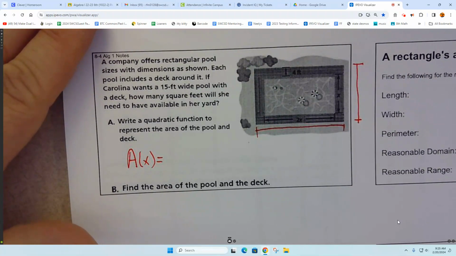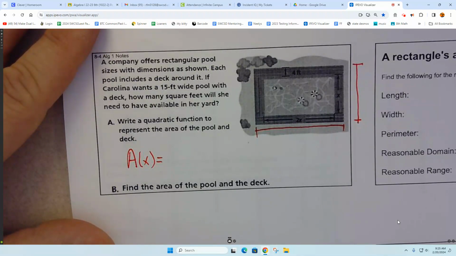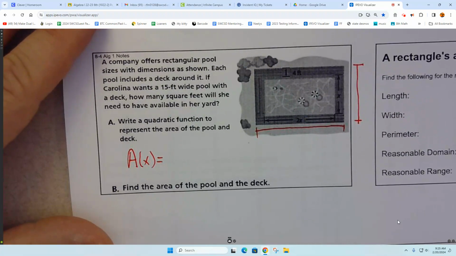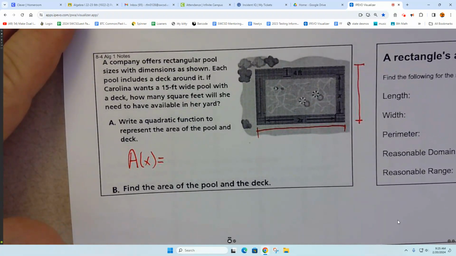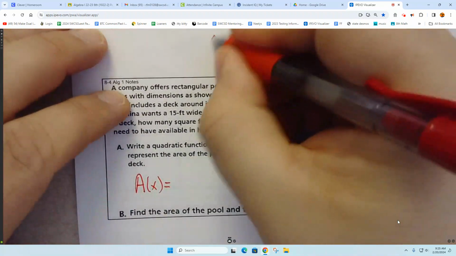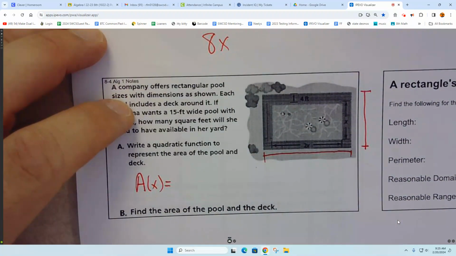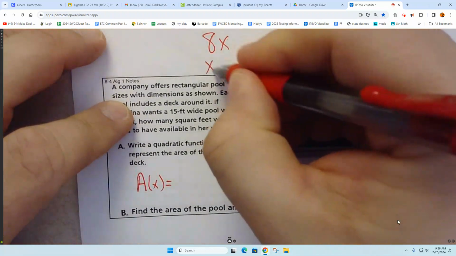Oh, it's 4X. Brody? X minus 8. It's not minus 8. Yeah, 8X. Now 8X means whatever X is, we're going to times it by 8. Okay? It's not that. It's X plus 8.